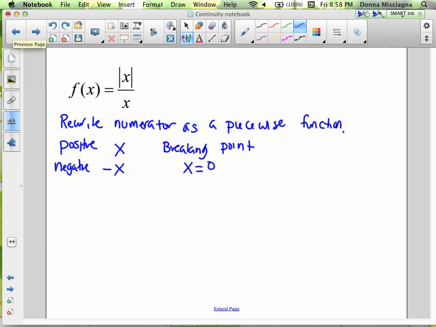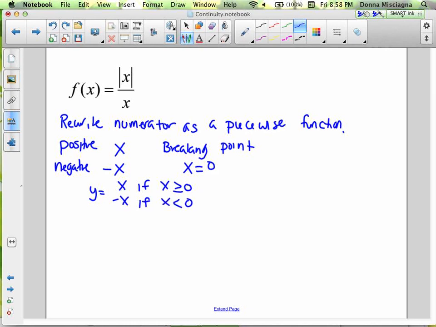So for the numerator, as a piecewise function, I want to call it f of x. Let's just call it y for now. So y equals x if x is greater than or equal to 0, and negative x if x is less than 0.